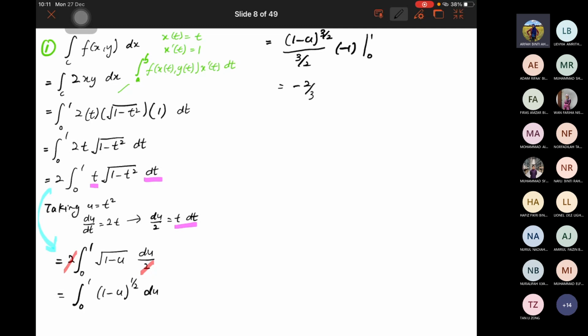So negatif 2 per 3 1 tolak u kuasa 3 per 2 from 0 to 1. Negatif 2 per 3 1 tolak t kuasa 2 kuasa 3 per 2, 0 to 1. So dapat negatif 2 per 3 0 minus 1 sama dengan 2 per 3. Okay. That is the first part.